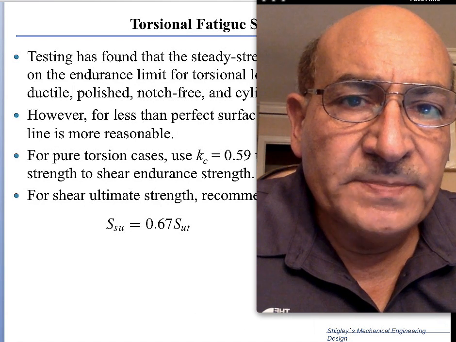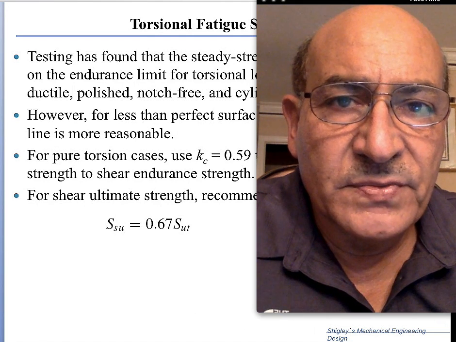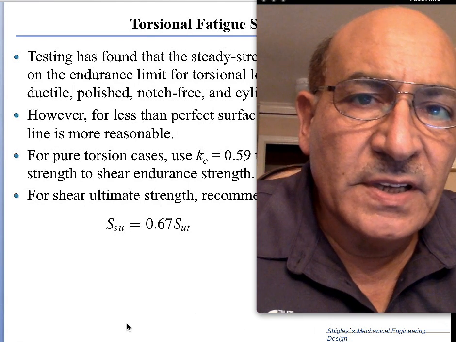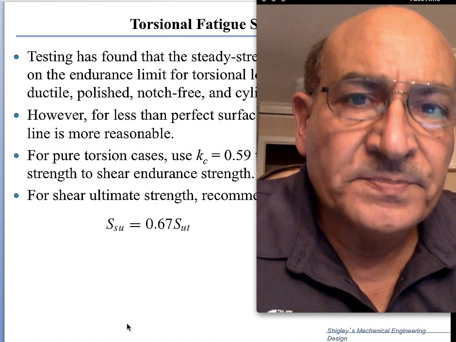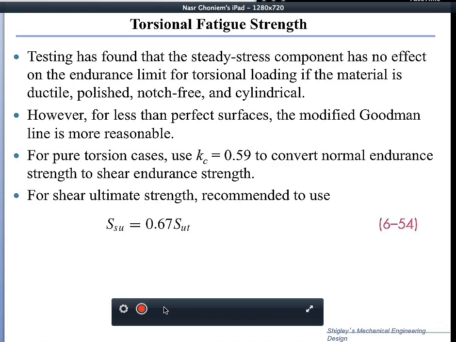Before we go there, I want to just discuss the fatigue factors for torsion, and then we will use the distortion energy criterion to combine various stresses from different sources.